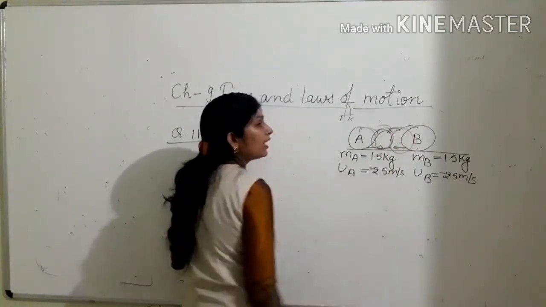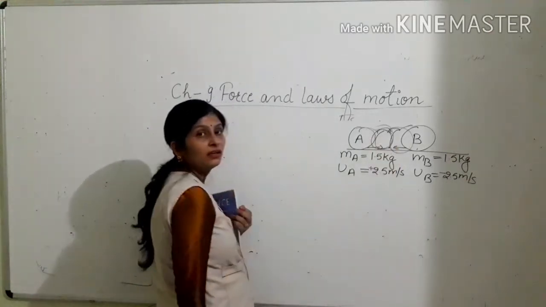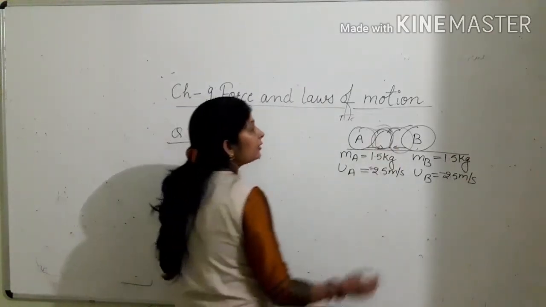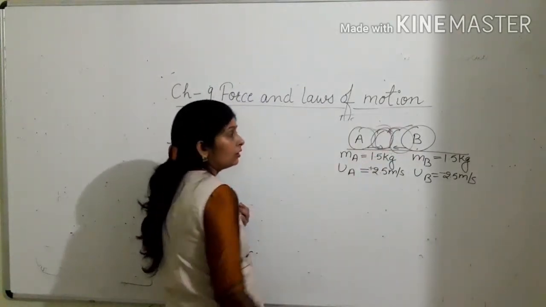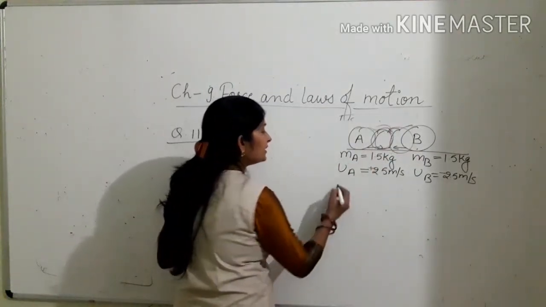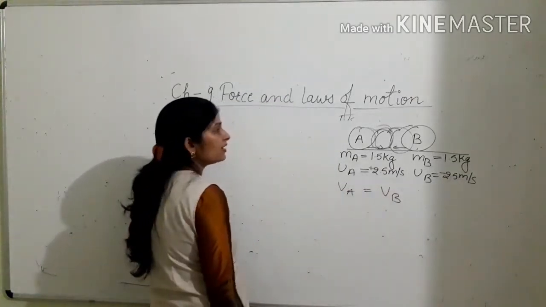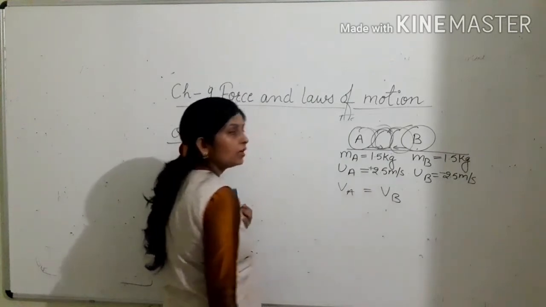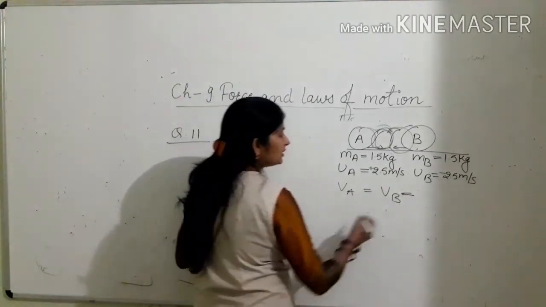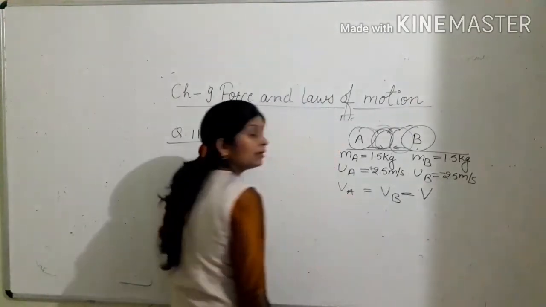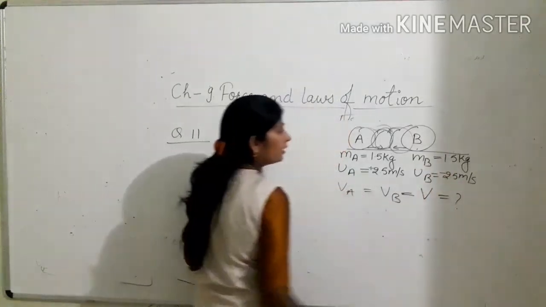And as they collide with each other, it is given that they stick with each other and become a single combined object, which will move with same final velocity. So their final velocities VA and VB will be equal, and we will consider them equal to V, which we have to find out.